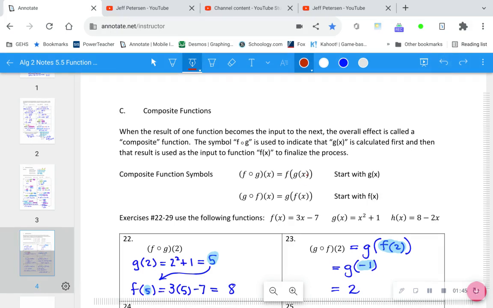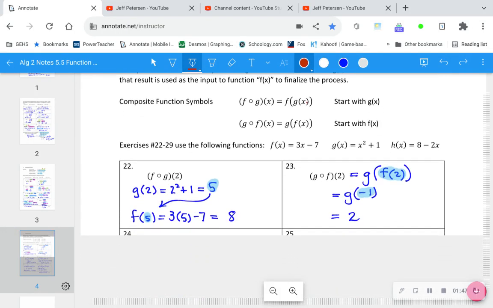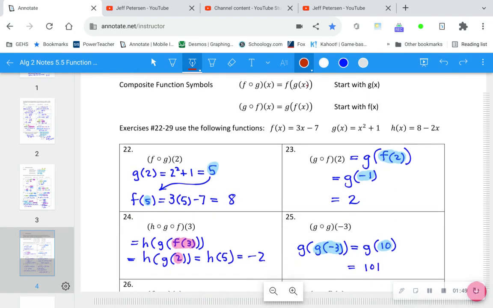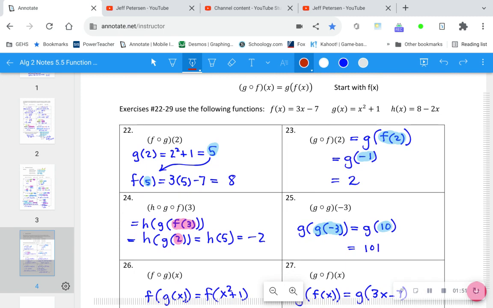And I'm going to do it two ways. I'm going to start by showing you the way where you find the first answer and plug that into the second function. That's what I'll start with, but I'm not a fan of that way of doing it, so I'll do it the other way for all the rest of these. All right, so we're going to take 2, and we're going to plug it into g first of all. So you can say I take 2 and I square it and add 1 to it, and that ends up giving 5.